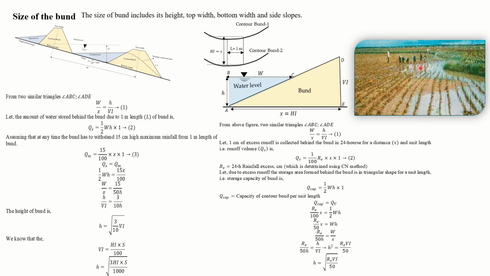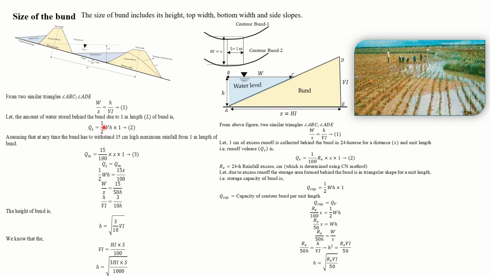This is the length, this is the width, and the small depth is the 15 centimeter. So can I get the volume? The water stored volume and the water received volume are both the same. So equation 2 and equation 3 are both the same, that is why we simplify 1 by 2 w.